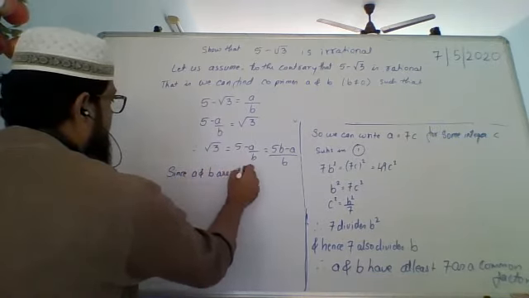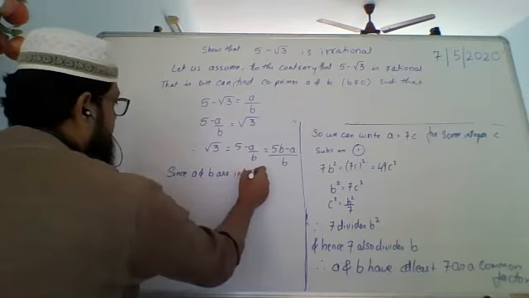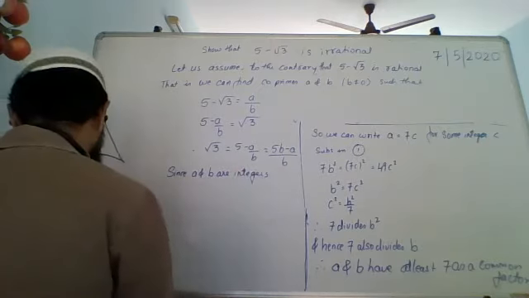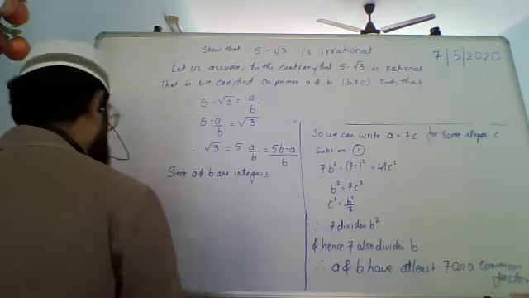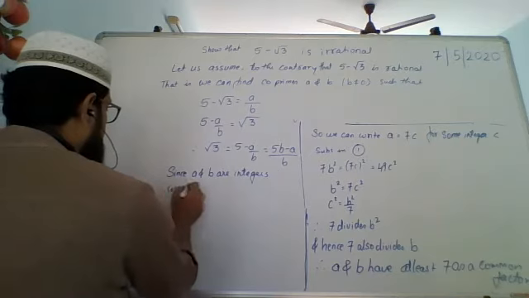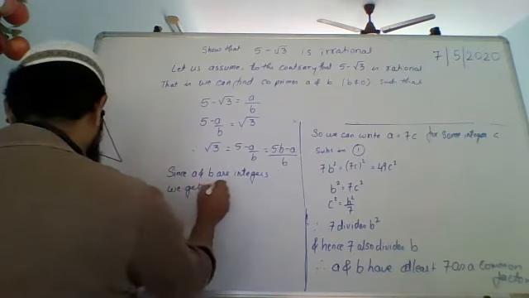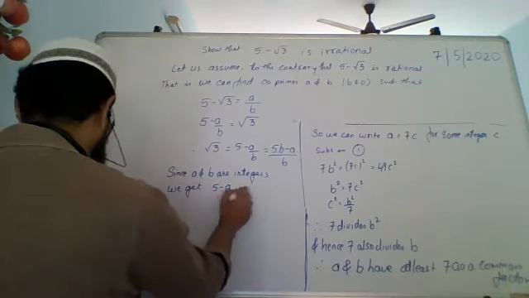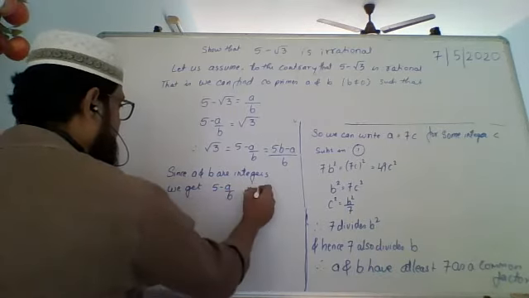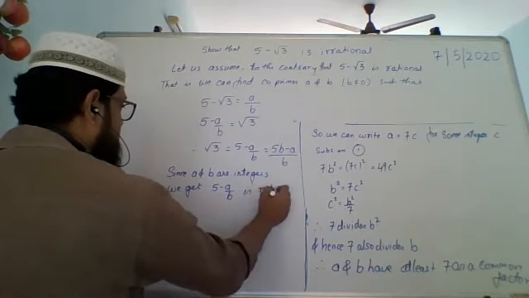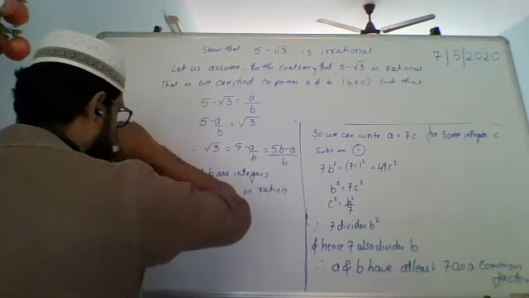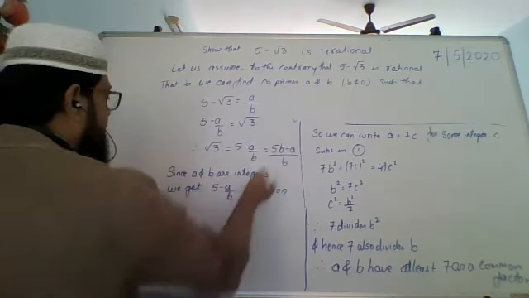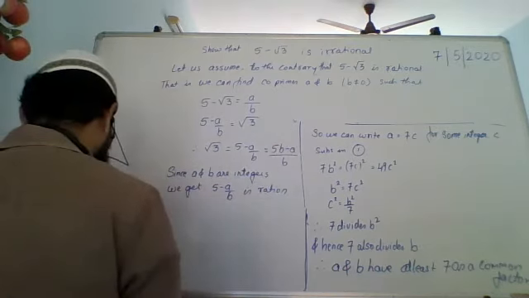Since A and B are integers, we get 5 minus A upon B is rational. Since A and B are integers, whatever integer you put, 1, 2, 3, 4, you are going to get a rational number.